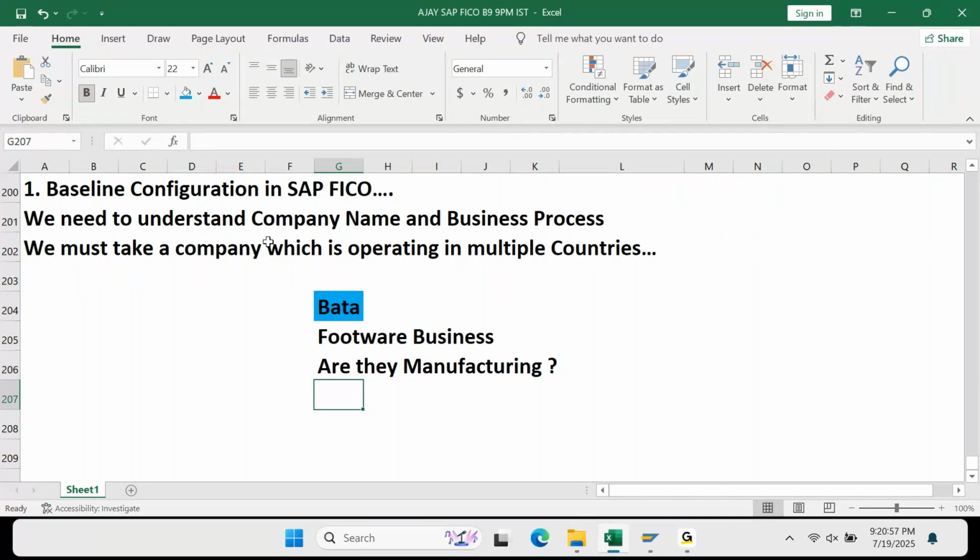If I want to sell footwear to the customer, first of all, I need to make sure footwear is available with me, available in stock. How do I bring footwear into my stock? Point number one, I need to manufacture the footwear. Point number two, I need to buy the footwear.